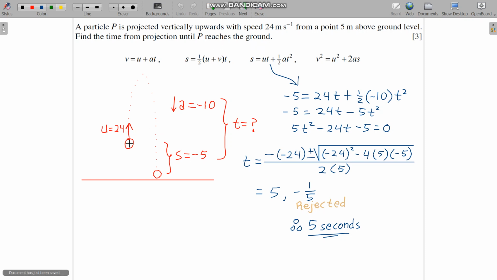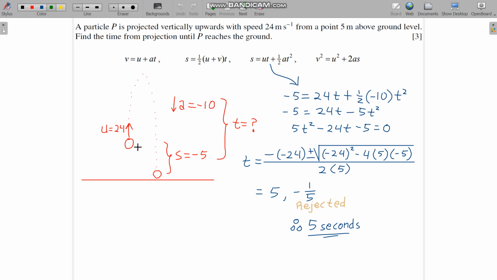This means you need to find the time from the launch position to the ground, so you have u 24, a minus 10 because u is going upwards positive, so a going downwards must be negative, and s is negative because the ground is 5 meters below the launching position.